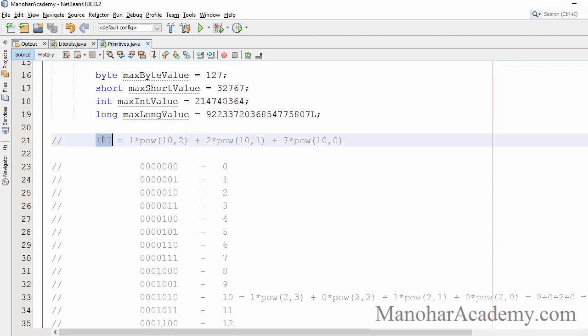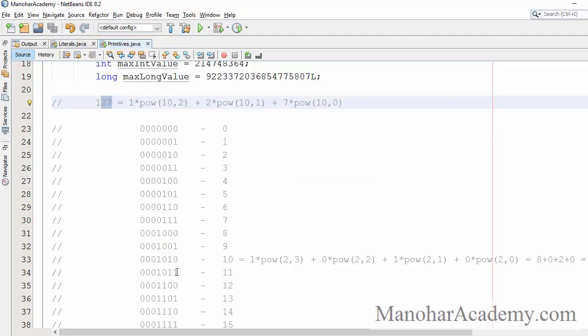For example, here if you see 127, this is a decimal system number. How did we get 127? This is how: 1 into 10 to the power of 2, plus 2 into 10 to the power of 1, plus 7 into 10 to the power of 0. That's how we got 127. For example, here its value in decimal system will be 10. How is it going to be?